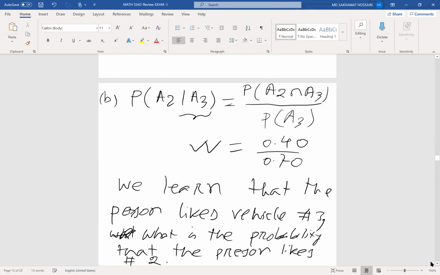So this probability actually means we learned that the person likes vehicle number 3, and the probability that the person likes vehicle number 2 will be this one. That's the interpretation of this result. And this is the question actually. If you explain the answers, that will be the interpretation of these results.